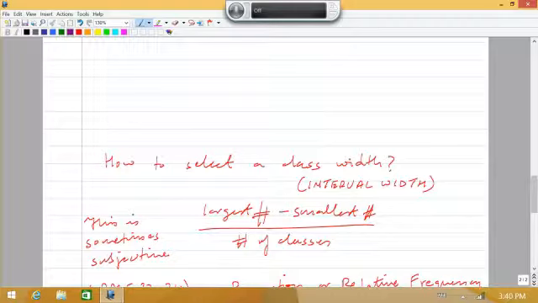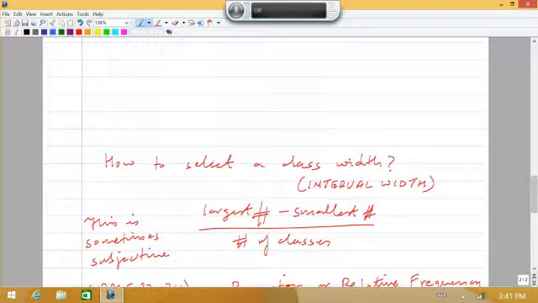Now, when we look at frequency distribution, one of the important things that we deal with is the construction of class width, also called interval width. And this is very subjective. There is no rule of thumb that this is what the construct should always be every time. We have a certain flexibility, and we have to operate within that flexible range.